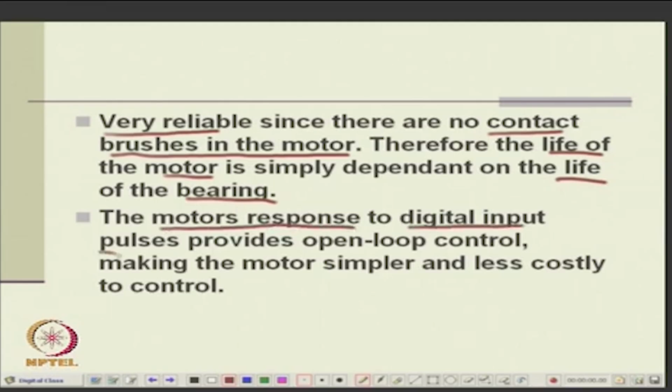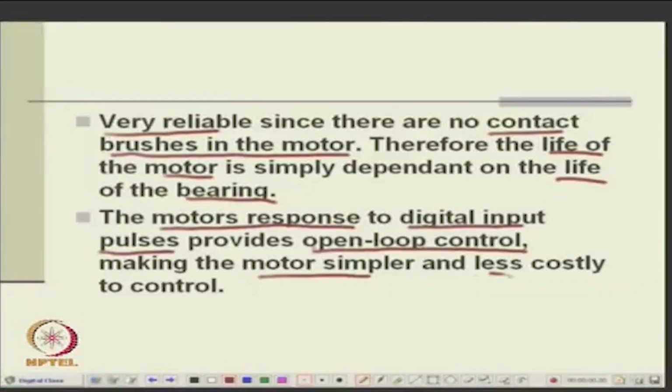So, the motor responds to digital input pulses. Pulses are not analog, they are all digital pulses of certain amplitude in steps. A current is injected, and that means it can have open loop control. If I apply one pulse, it moves x degrees, 2 pulses 2x degrees, 3 pulses 3x degrees. So, it can be open loop. If you put in 3 pulses, it does not go to 4x degrees.